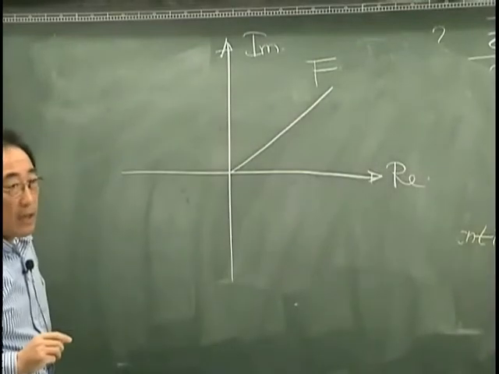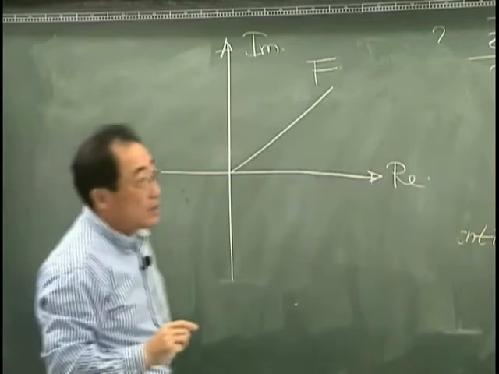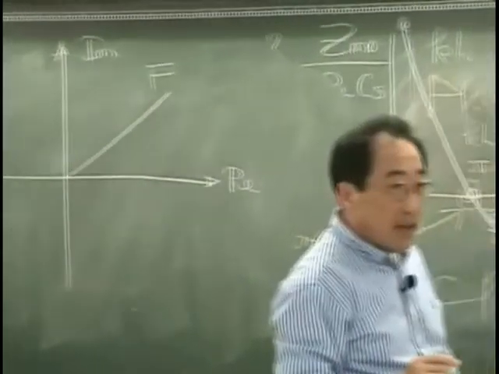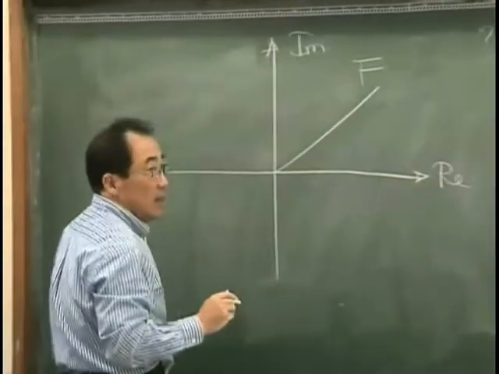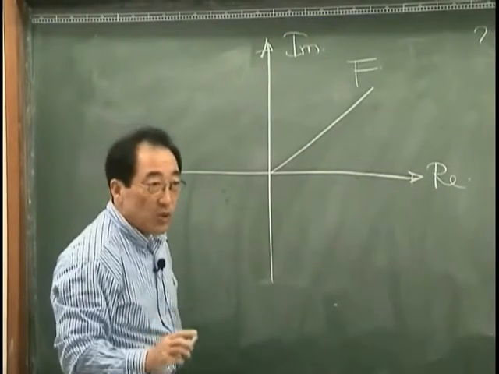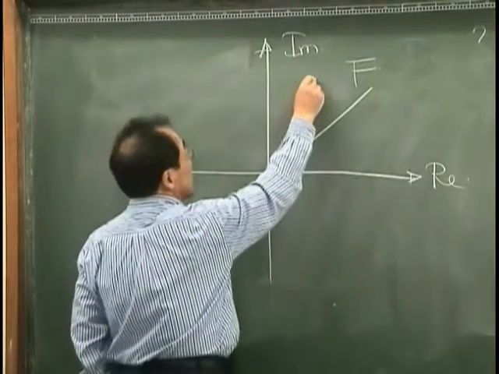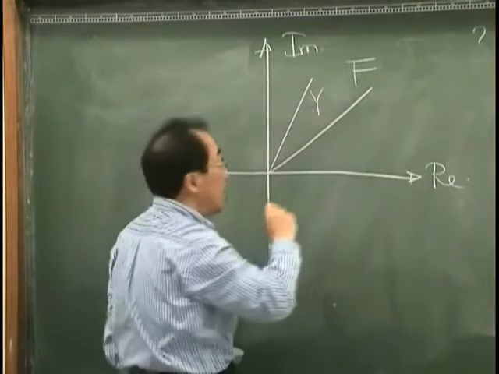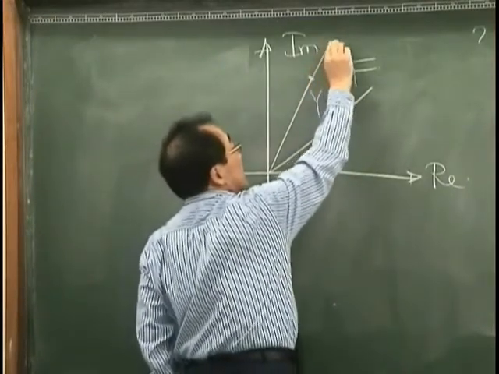And what is sy? Sy is, y is also complex, and I assume that y has this magnitude, and the phase sy is like this.